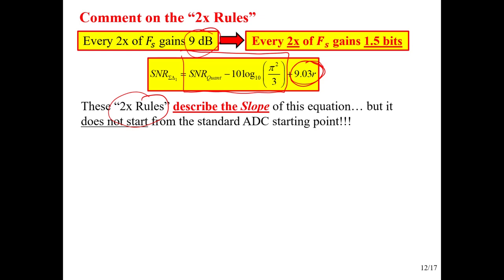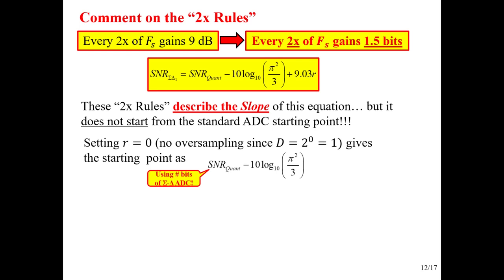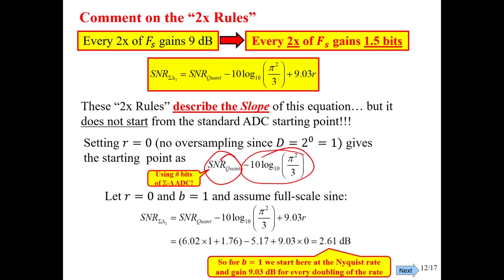The starting point of that line is not the standard SNR quantization level, 6 dB per bit plus C. Nope, it's that amount minus a penalty. Then you start going up. So we'll see more on that in a figure coming up. If we set R equal to 0, meaning no oversampling, our starting point is not this, it's that minus the penalty. So let's just look at an example here.